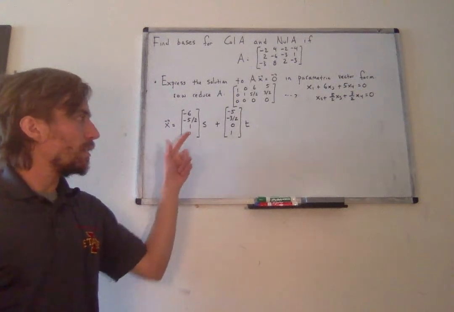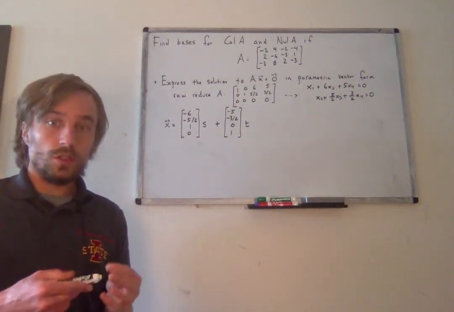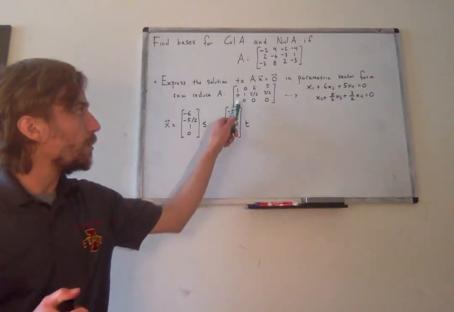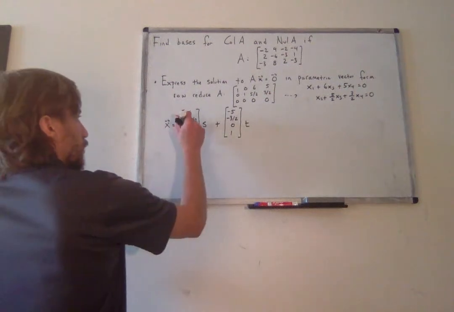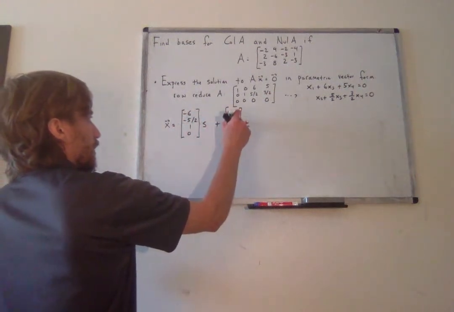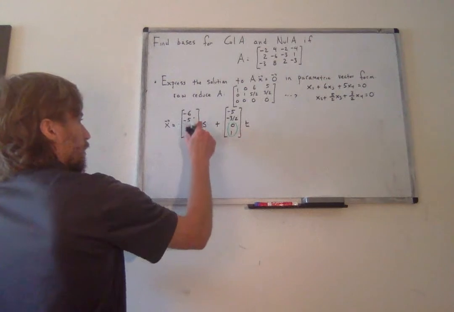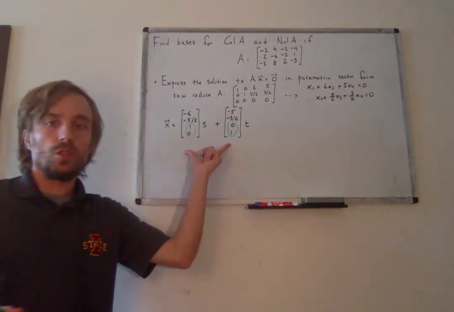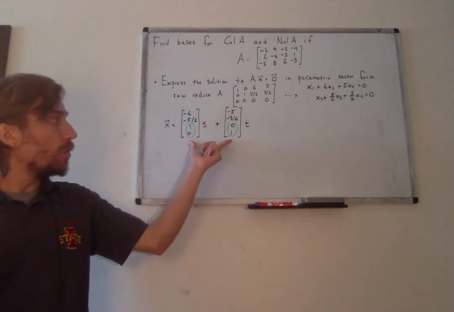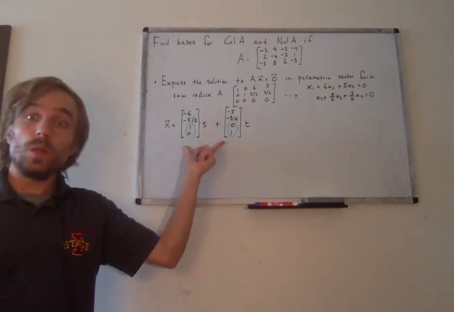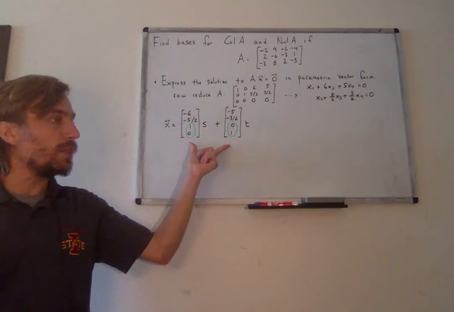Since each of these vectors corresponds to a different free variable in this system of equations, if you look at just the last two rows of each of these vectors, just by looking at these two rows, we know these vectors have to be linearly independent.